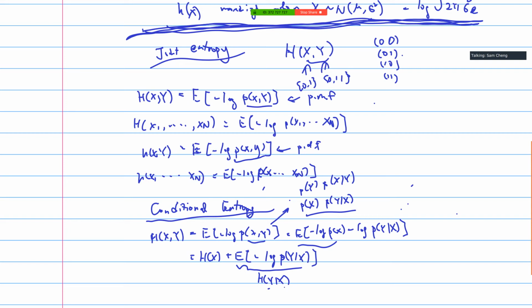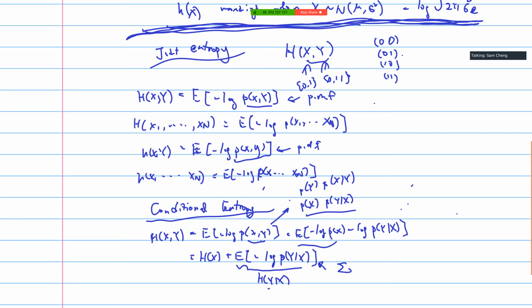of y given x. To be more specific, we need to be very careful about the expectation here, because both y and x are random variables.